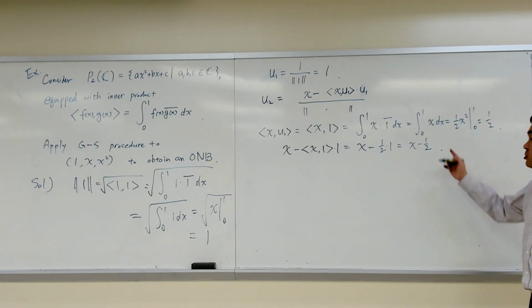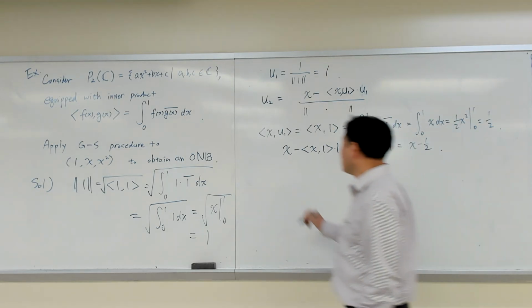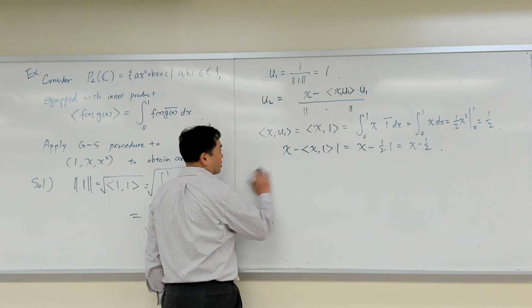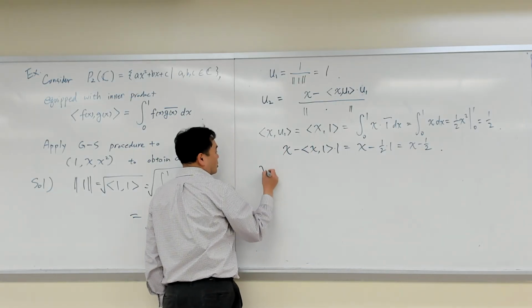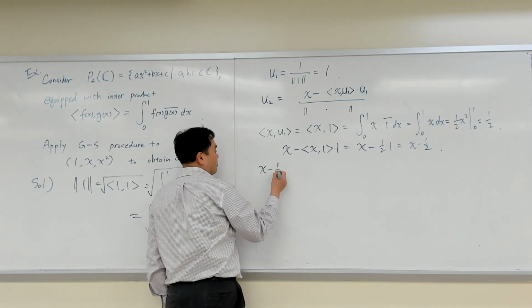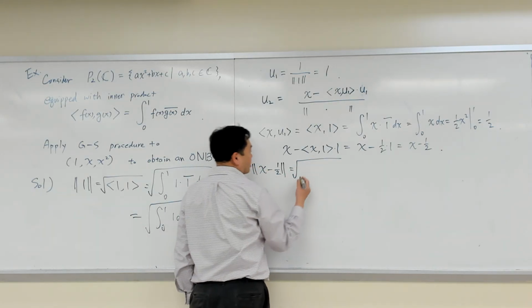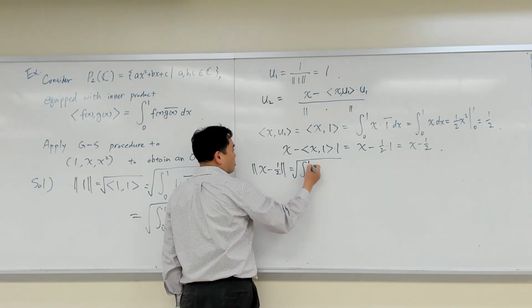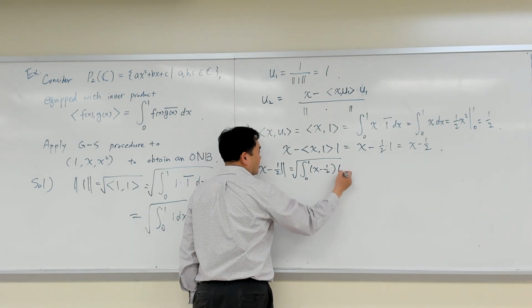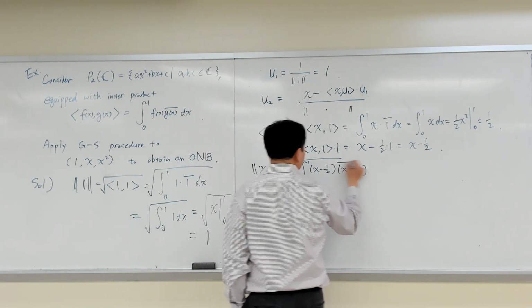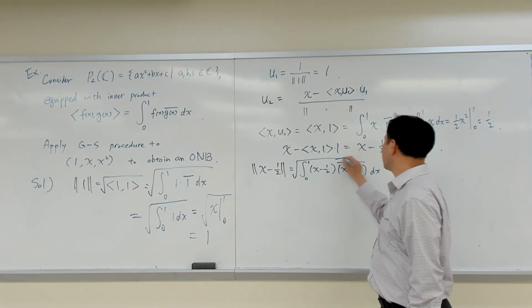You still need to normalize this, so your u2 should be this divided by its norm. The norm of x minus 1/2 is the square root of the integral from 0 to 1 of x minus 1/2 times x minus 1/2 conjugate dx.